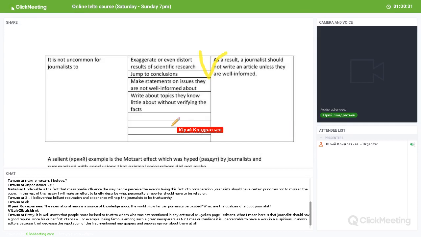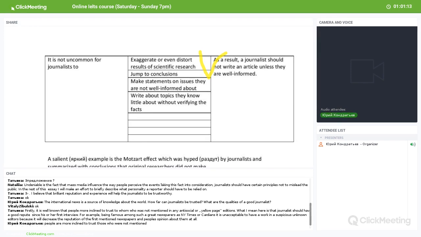Okay, so Tatiana, firstly, it is well known that people are more inclined to trust those who were not mentioned in any antisocial or yellow page editions.